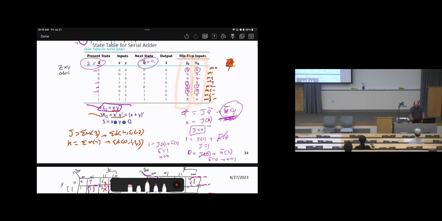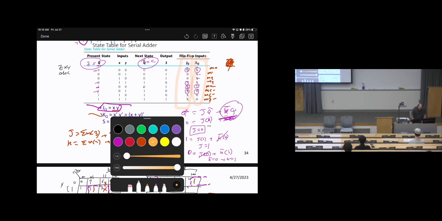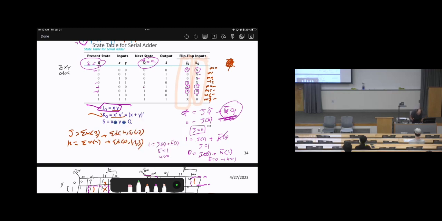Again, with T flip-flop, let me write here in a quick way. I'm going to use a different color. So if you need to use T flip-flop, what will the output be?